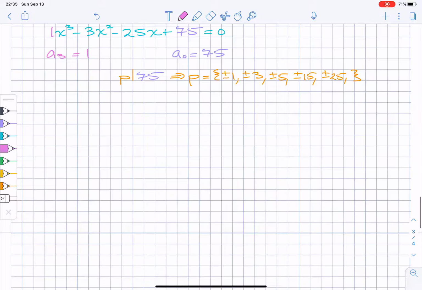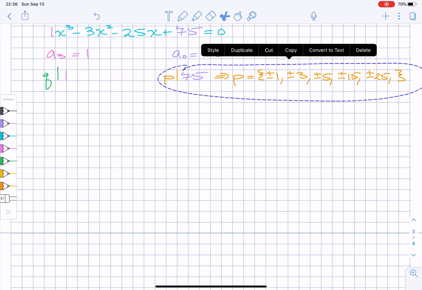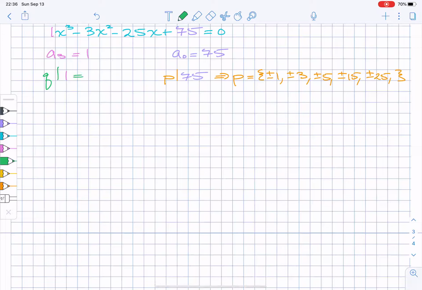But q divides 1. So that means that q is just plus or minus 1. So this implies q is just plus or minus 1.